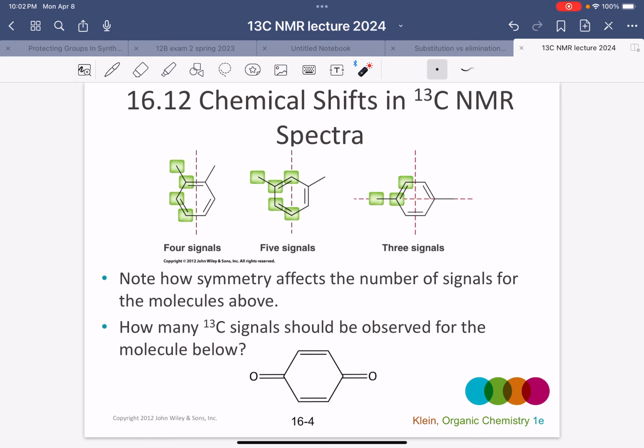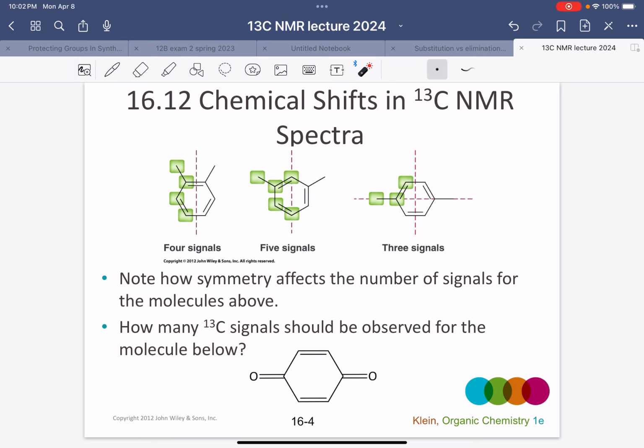For metaxylene, we have a plane of symmetry down the middle, and we should have 1, 2, 3, 4, 5 types. These two along the axis are their own, each of those is its own type. This one here is the same as that guy. That one is the same as that. And the methyl groups are the same.